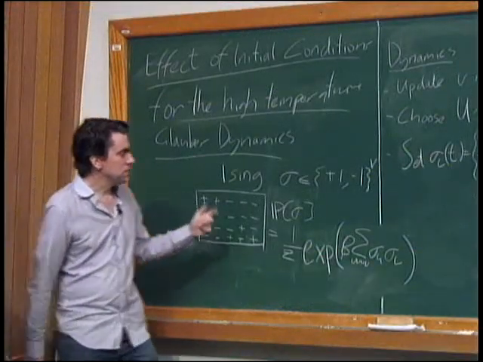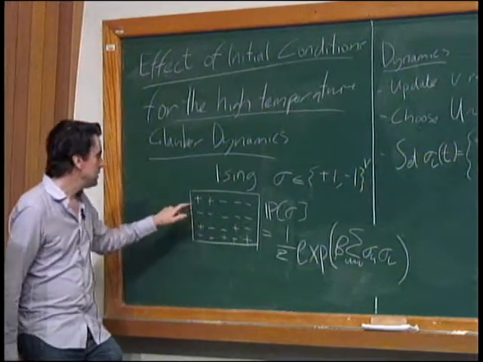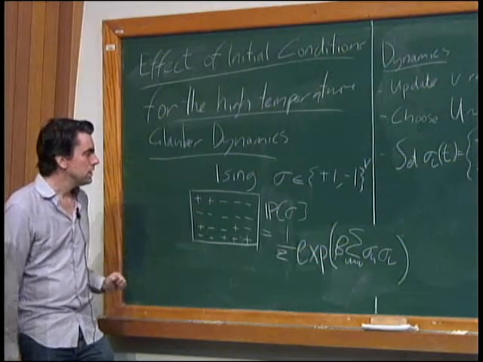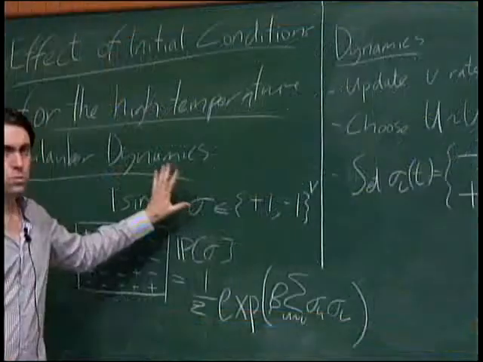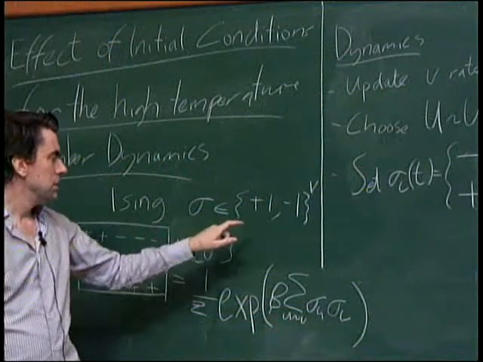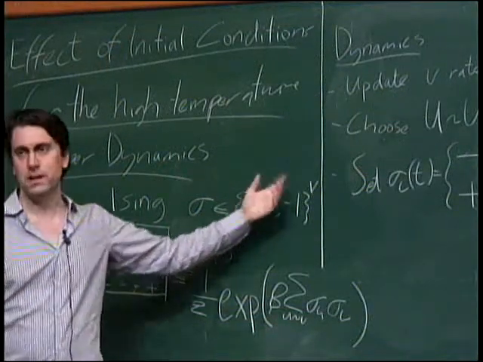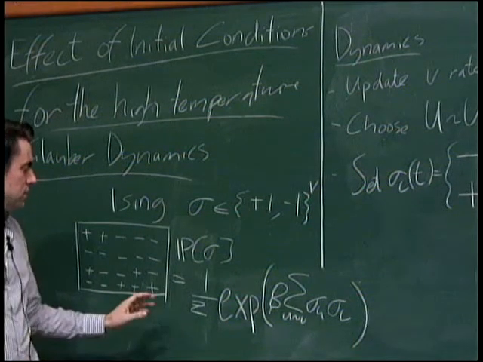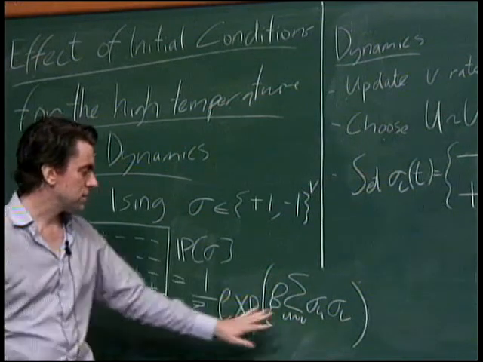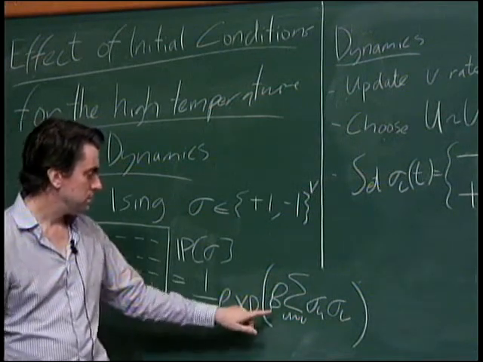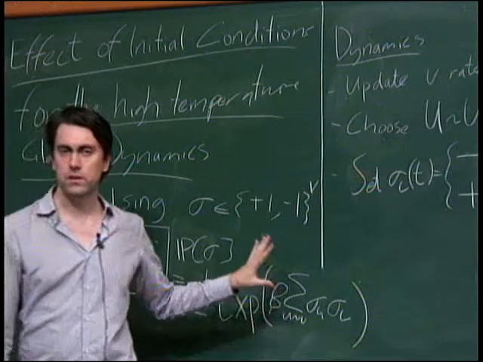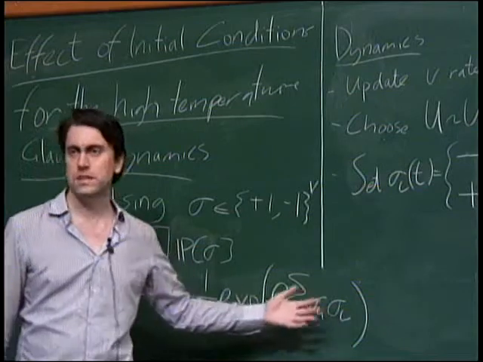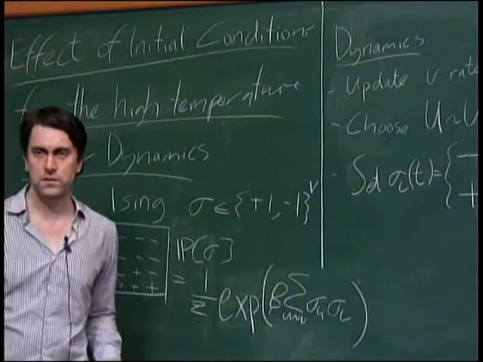So it's a probability distribution over configurations which assign pluses and minuses to each of the vertices. A configuration might look like this. And sigma, which we'll use to represent a configuration, is just an assignment of pluses and minuses to each vertex. The distribution over the configurations will be according to this Hamiltonian: beta, the inverse temperature, which is the main parameter of the model, times the sum of sigma_u sigma_v, where we're summing over all pairs of adjacent vertices in the graph.